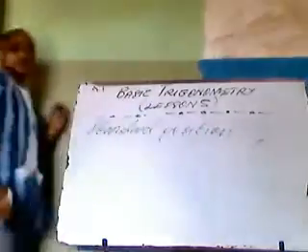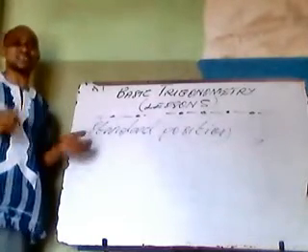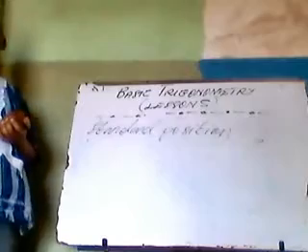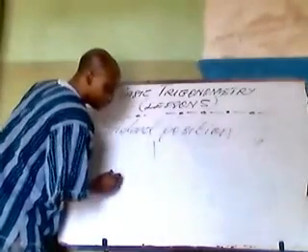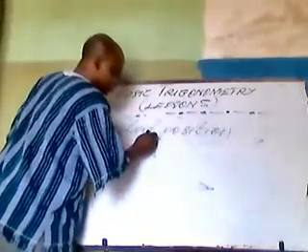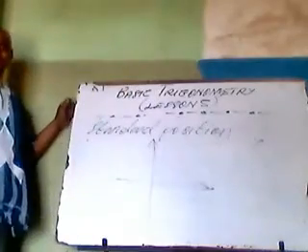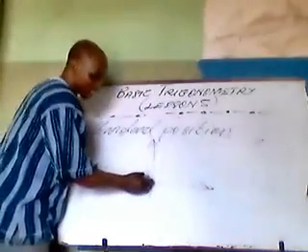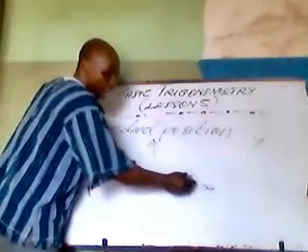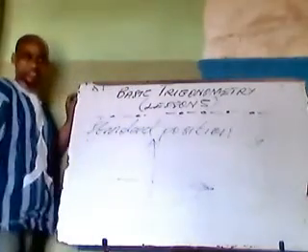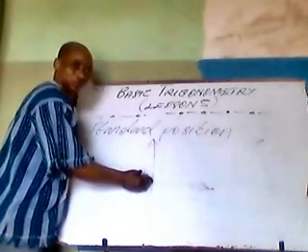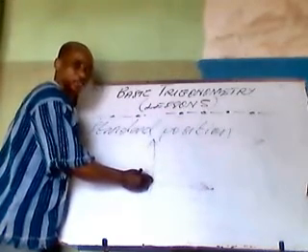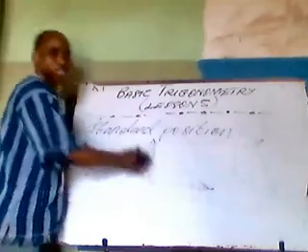One may ask, what do we mean by an angle in standard position? An angle is said to be in standard position when it is placed in such a way that its initial side coincides with the positive x-axis and its vertex also coincides with the origin of the coordinate system.